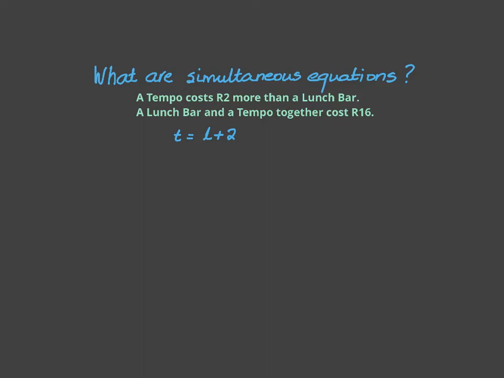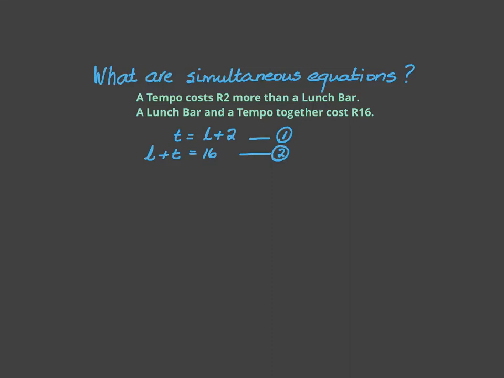I'm going to call that equation 1. Then a lunch bar and a tempo together cost 16 Rand. As an equation, L plus t equals 16. So now I have two equations that are describing the situation and I need to try and solve them.